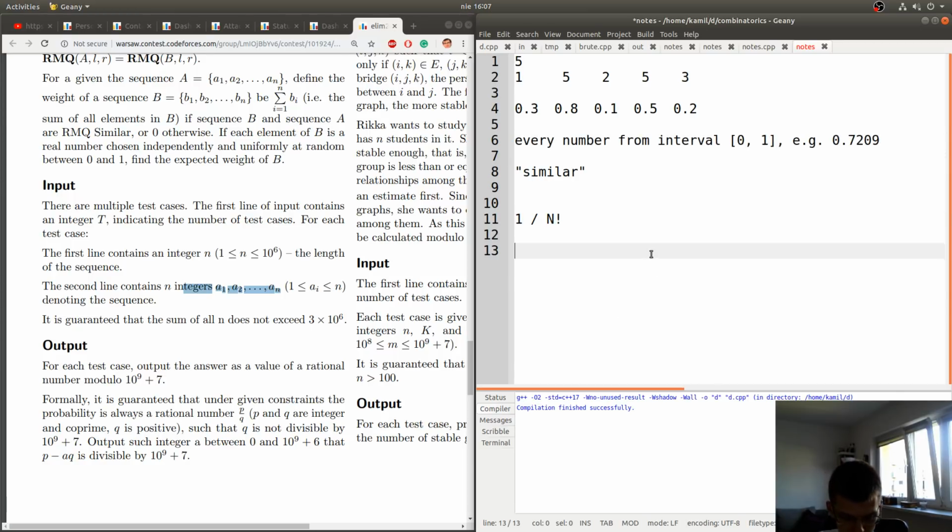Because, for example, when we already generated random number 0.25, if you again generate from interval 0, 1, there are so many values, in fact an infinite number of values, that the probability of getting this again is 0, because it's like 1 divided by infinity. So we can assume that all the numbers here will be distinct.